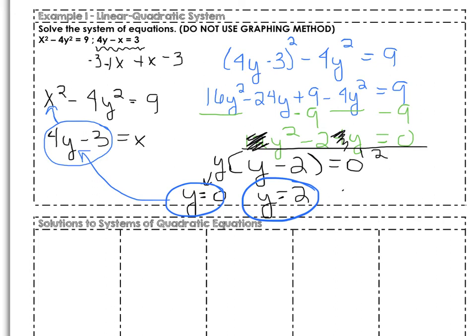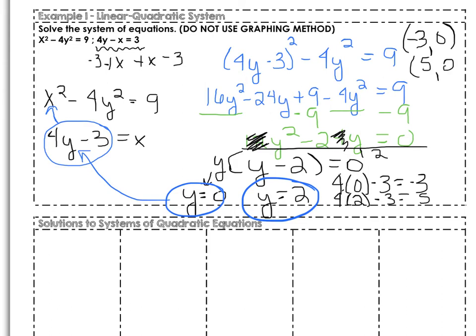First off, 4 times 0 minus 3 equals negative 3. So one of our solutions is the coordinate negative 3, 0. Then if I plug in my next one, 4 times 2 minus 3, that's 8 minus 3, which is 5. So our next one is 5, 2, for our two solutions for this system.